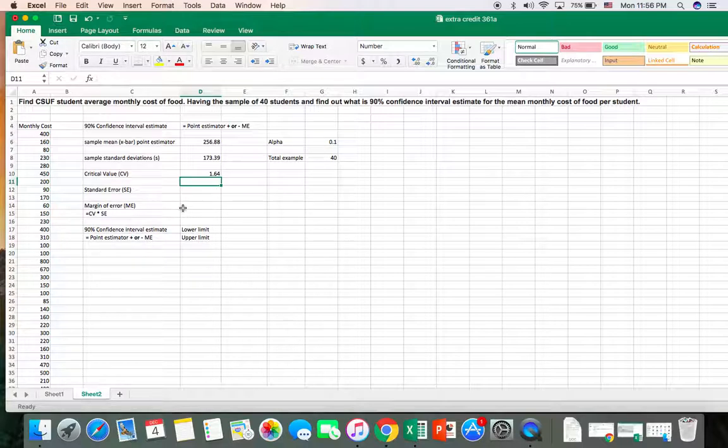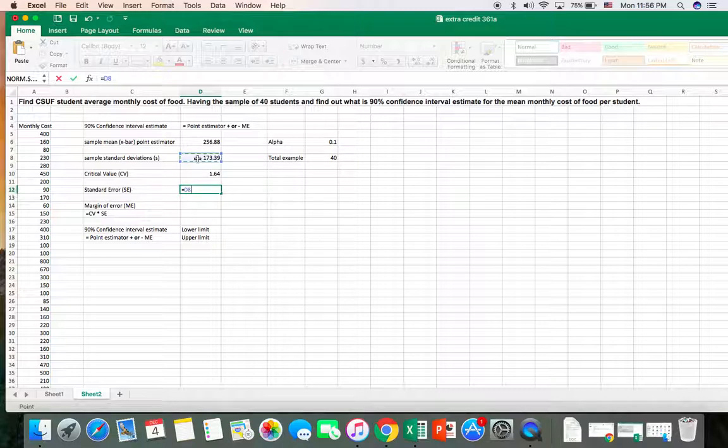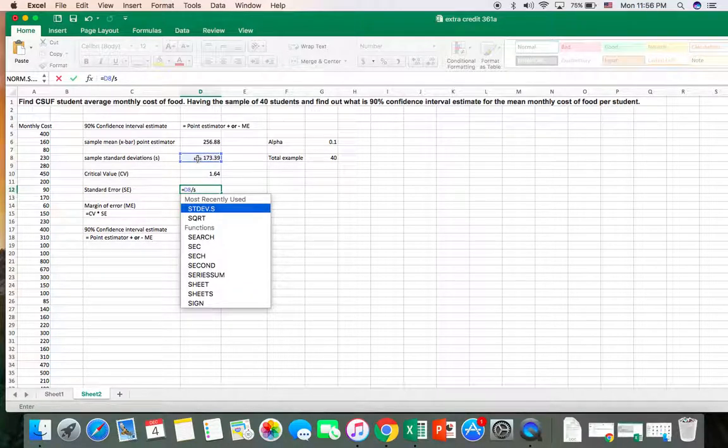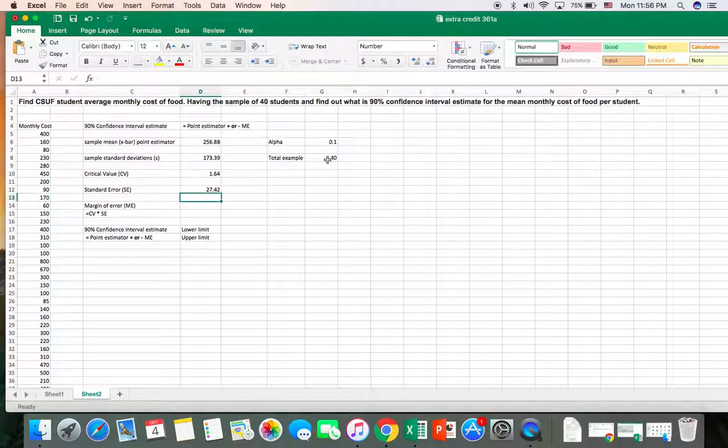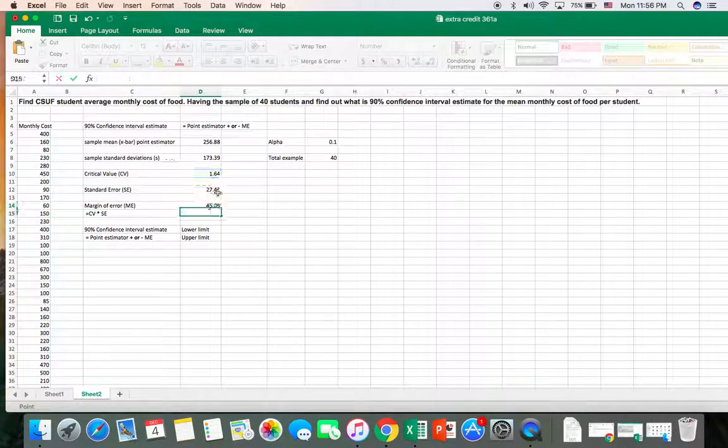And for the standard error, as we said, it is equal to the standard deviation over the square root of the sample size, and it is 27.42. The margin of error is just equal to the critical value times the standard error, and it's going to be 45. Since we already have all the numbers, let's plug them back into the formula.